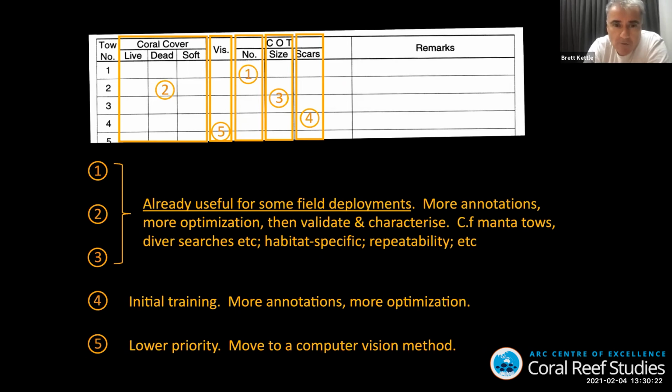And number 5, visibility, is an interesting one. We've put it on the back burner, not because it's technically challenging, in fact, probably the opposite. Understanding that manta tows are about trying to estimate density of starfish on a per square metre or hectare basis, obviously underwater visibility and its limitations should be factored regularly into these methods.